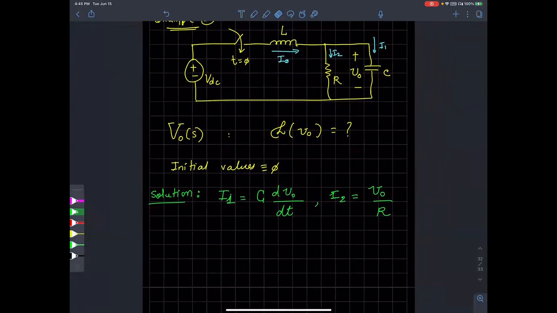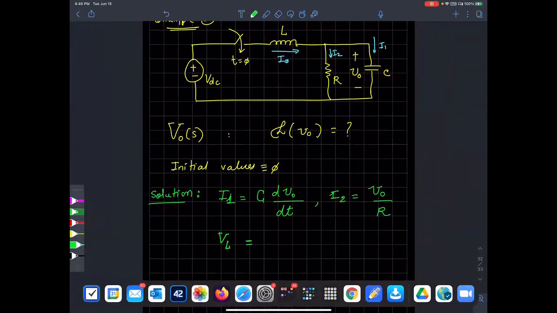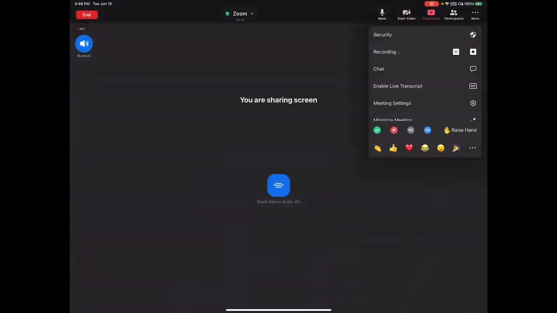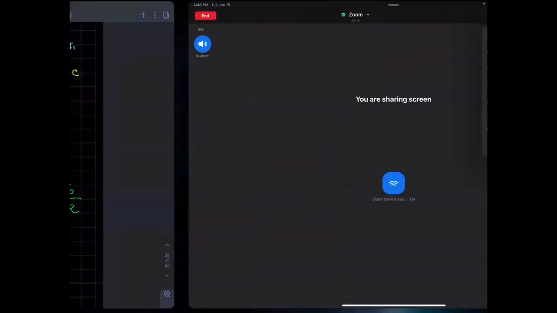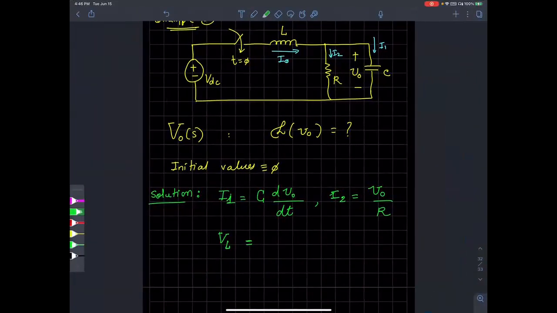Okay, so now, who can give me the value for the voltage across the inductor? What's the voltage across the inductor? Okay, everybody see the question? There is my inductor.